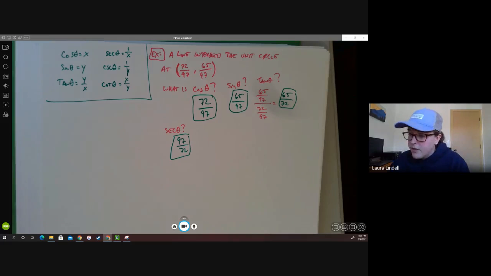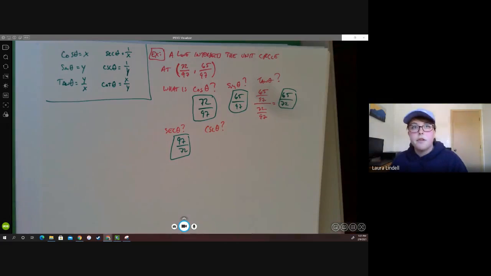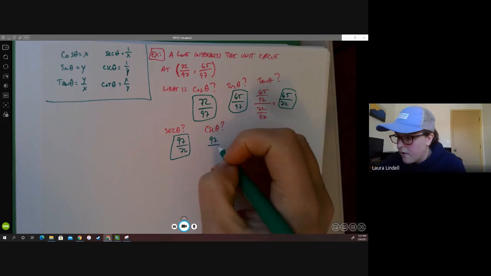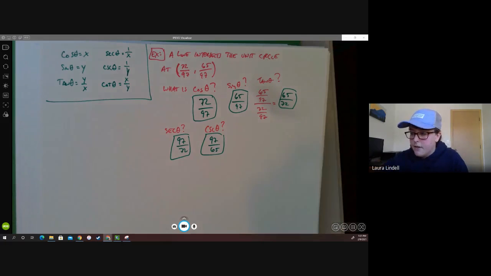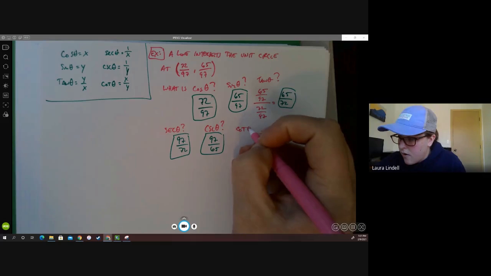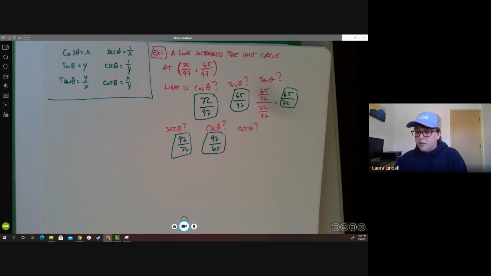Well, and what about cosecant? Cosecant, you just flip sine, right? So 97/65. Or cotangent. Well, then we just flip tangent, so 72/65.